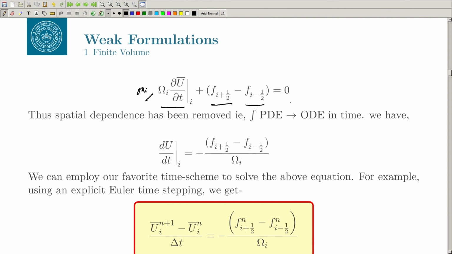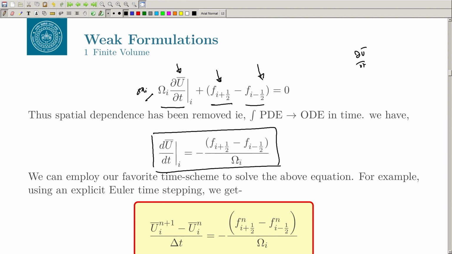Now, you will notice here that as soon as we define the cell averaged quantity, we converted our PDE to an ODE. That means, if you can somehow find the fluxes at I plus half and I minus half, all you need is a time discretization scheme to solve this du bar by dt, or we can write it in this form.